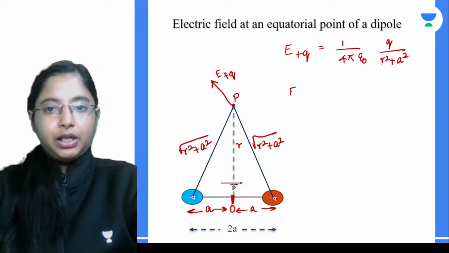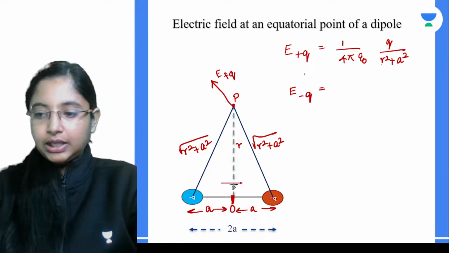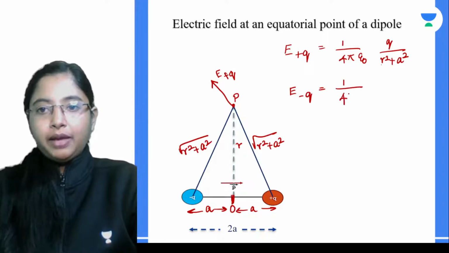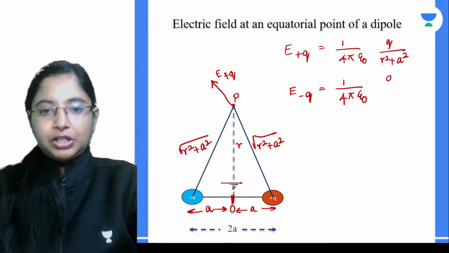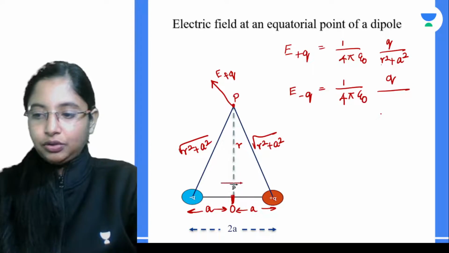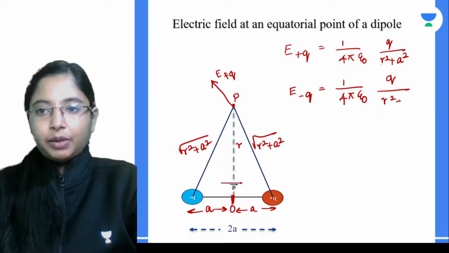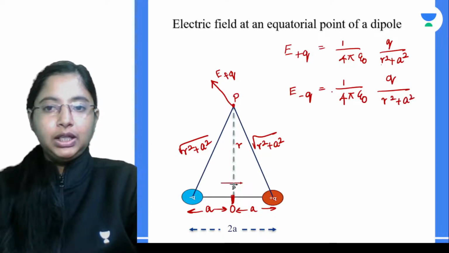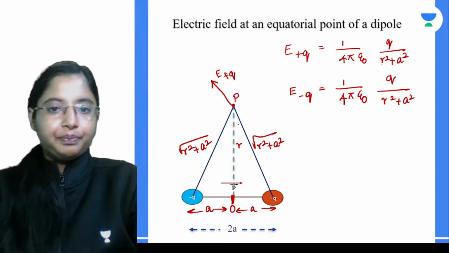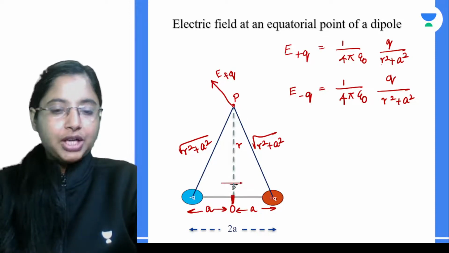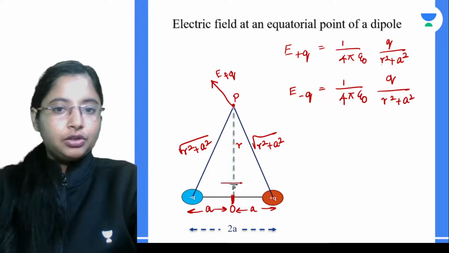So the electric field because of the negative charge is 1 by 4 pi epsilon naught, the charge q, we are just taking the magnitude of the charge, divided by r square plus a square. So what are we seeing over here? The magnitude wise they are both the same, but this point charge is positive and this is negative. So in this case the electric field lines will be pointed along this direction.